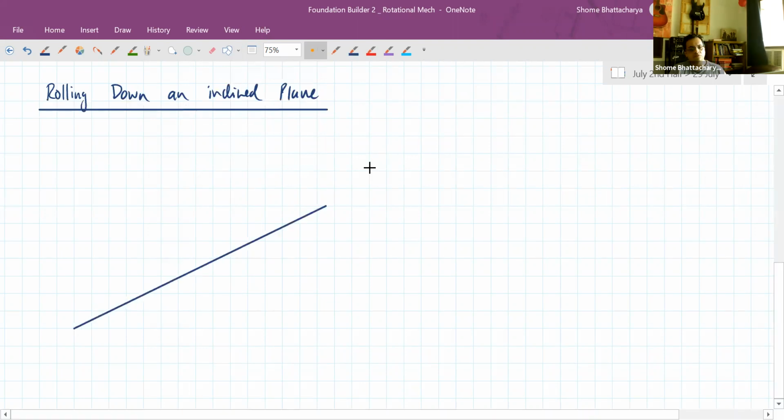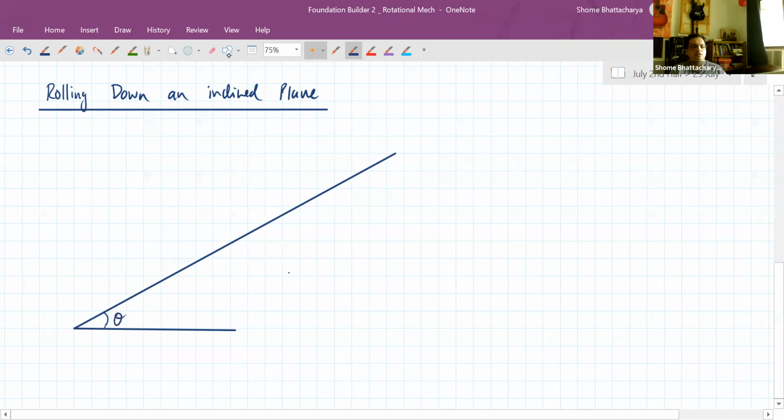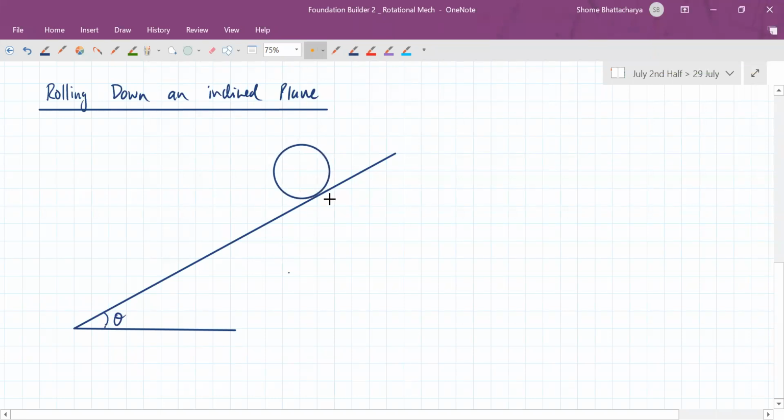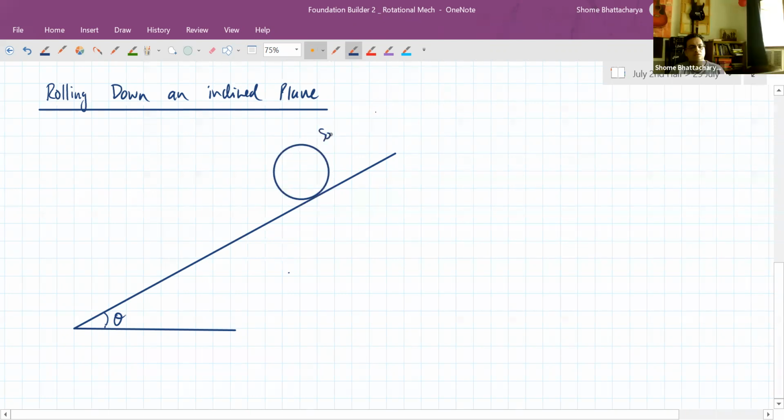So let's say we have a rough inclined plane. So the friction on its surface will prevent slipping at the point of contact. And this angle is theta. And now we've got, let's say, a solid cylinder which is released from rest at this position. So this is a solid cylinder of mass m and radius r.